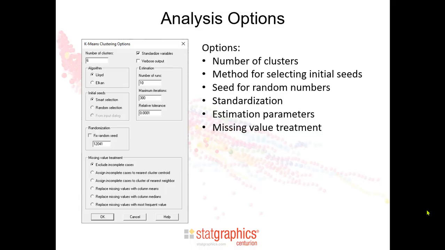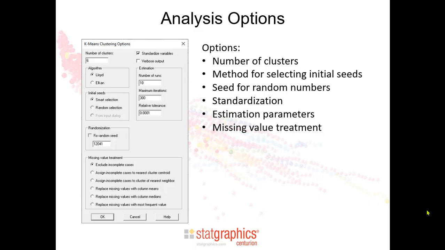This is extremely important to do when the variables are in different units. Standardization means that each variable has its mean subtracted and then divides the result by the standard deviation. Basically, it puts all of the variables in common scales.